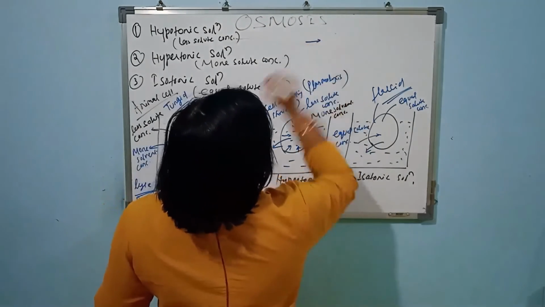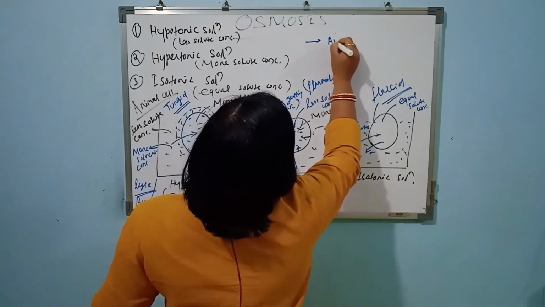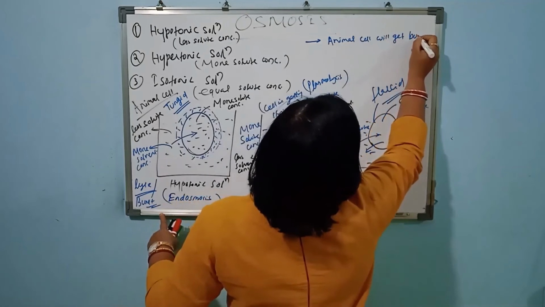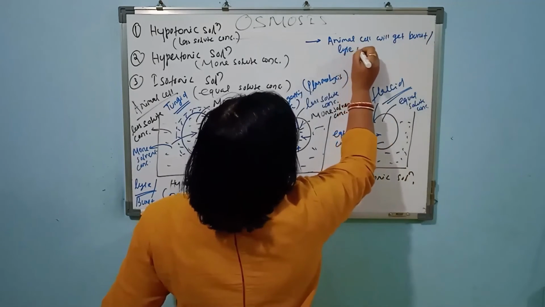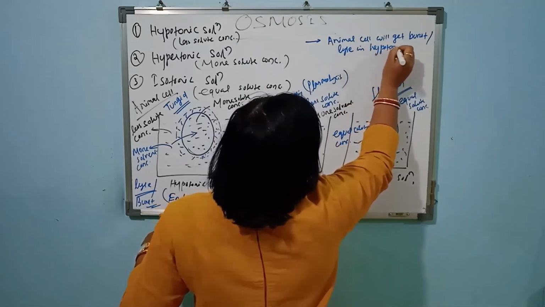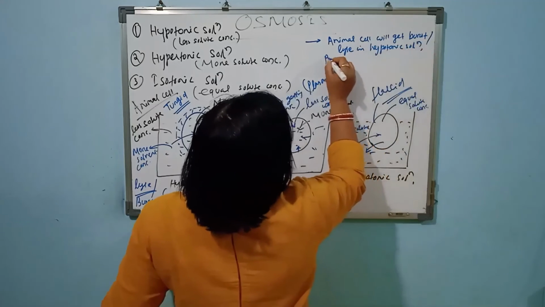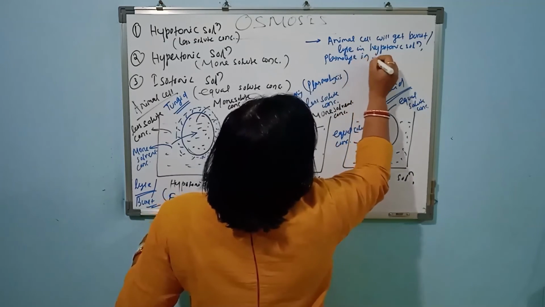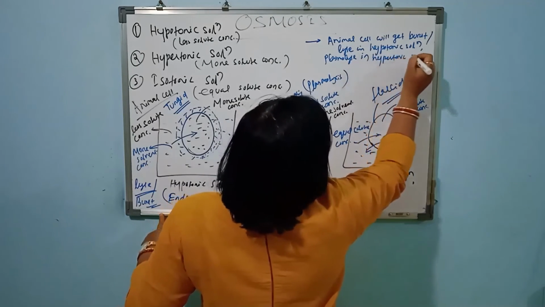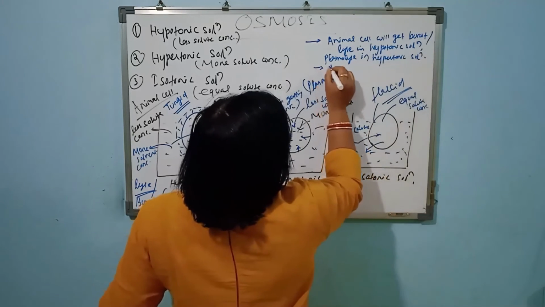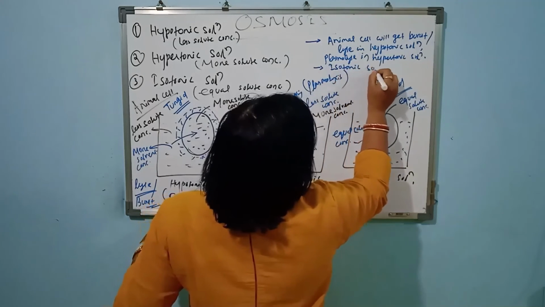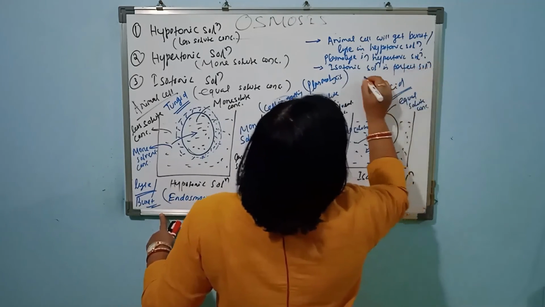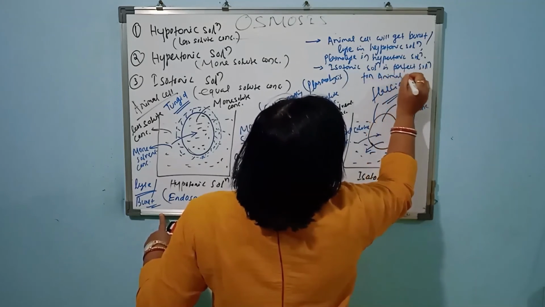So here we can write as a note: animal cell will burst or lyse in hypotonic solution, plasmolyze in hypertonic solution, and isotonic solution is the perfect solution for animal cell.